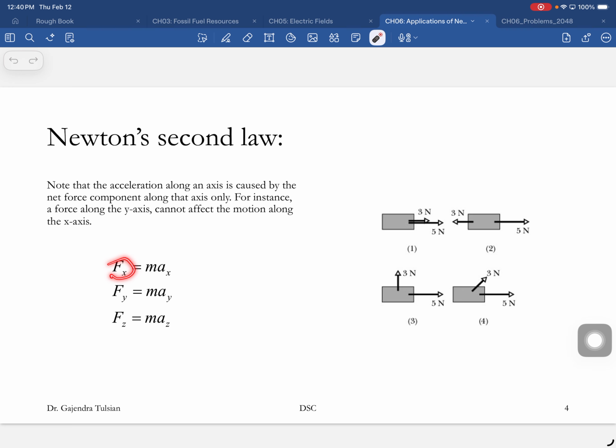See, the x component of that vector is equal to mass times the x component of the acceleration, and so on. What these equations also tell you is if you apply a force in the x direction, you're only changing the velocity in the x direction. Okay? So if you apply a force in the x direction, you cannot change the velocity in the y or the z direction. Okay? You only get an acceleration in the x direction.